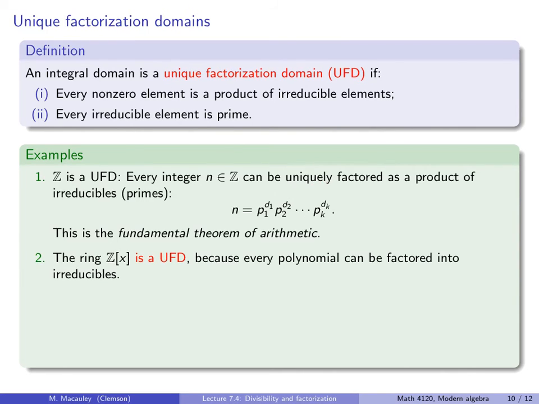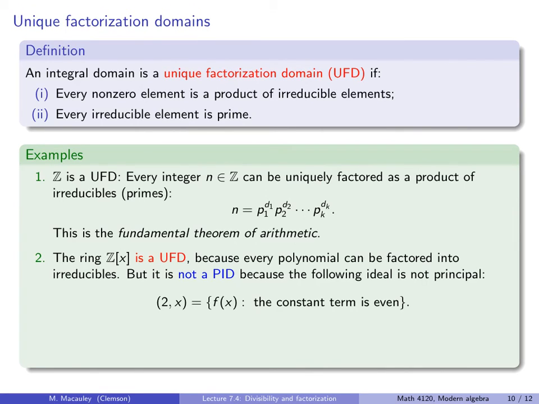Next, the ring of polynomials over Z is a UFD because every polynomial can be factored into products of irreducibles. This is something else that you know from growing up, and we took this for granted when we studied Galois theory in the previous series of lectures. However, it is not a PID because the following ideal is not principal.